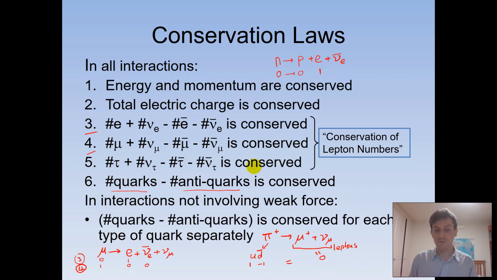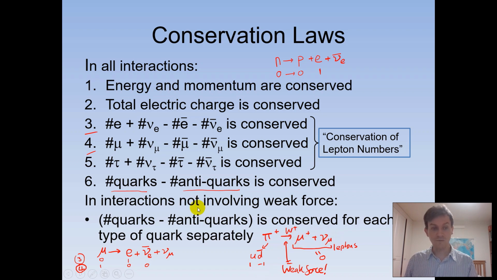So this means we know that this interaction, the decay of the pion, must be a weak force interaction. Okay, so the pion must first decay into this W plus gauge boson, which then can decay into a muon, or the antimuon and the mu neutrino.